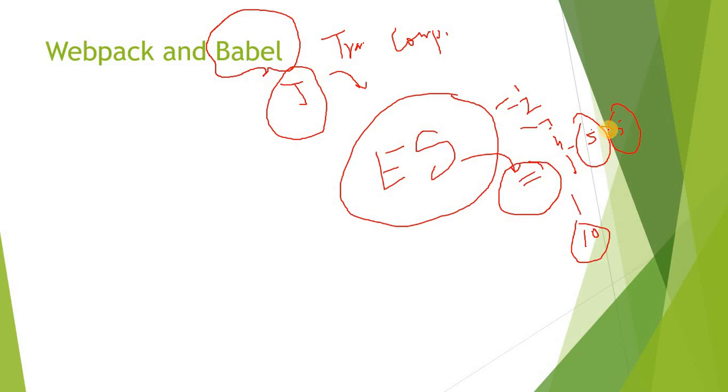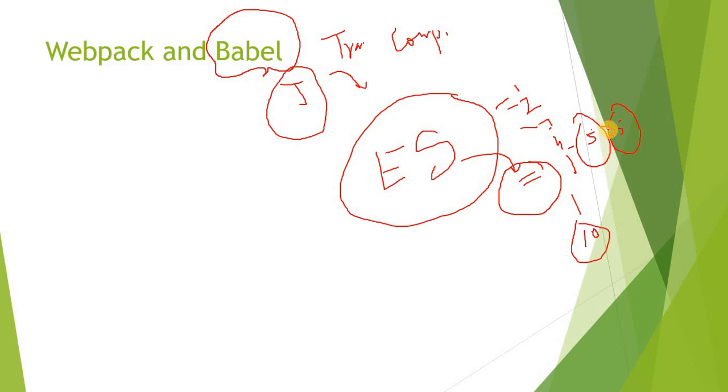That's why we have to use a compiler or transpiler that converts your ECMAScript greater than 5 code into simple ES5 code that is easily understandable by the browser.